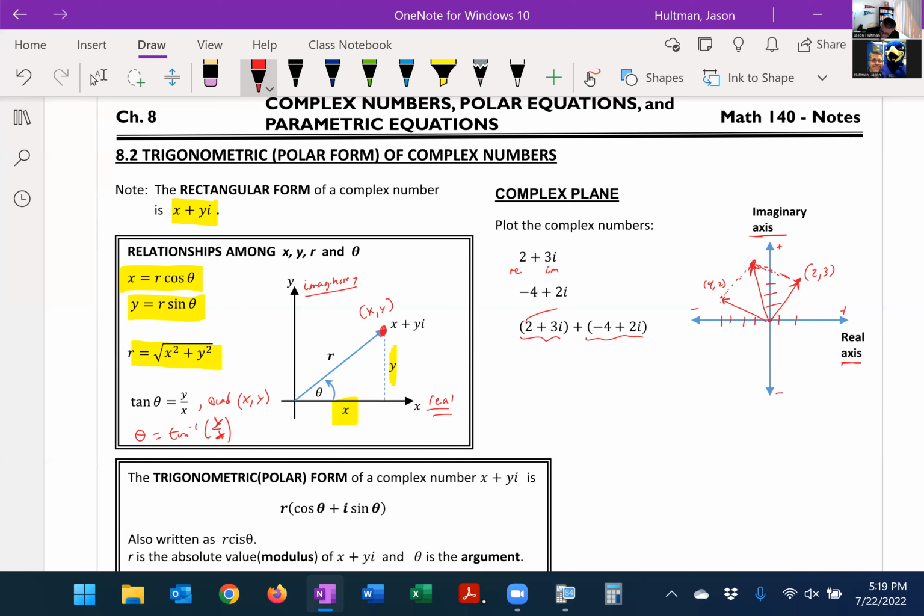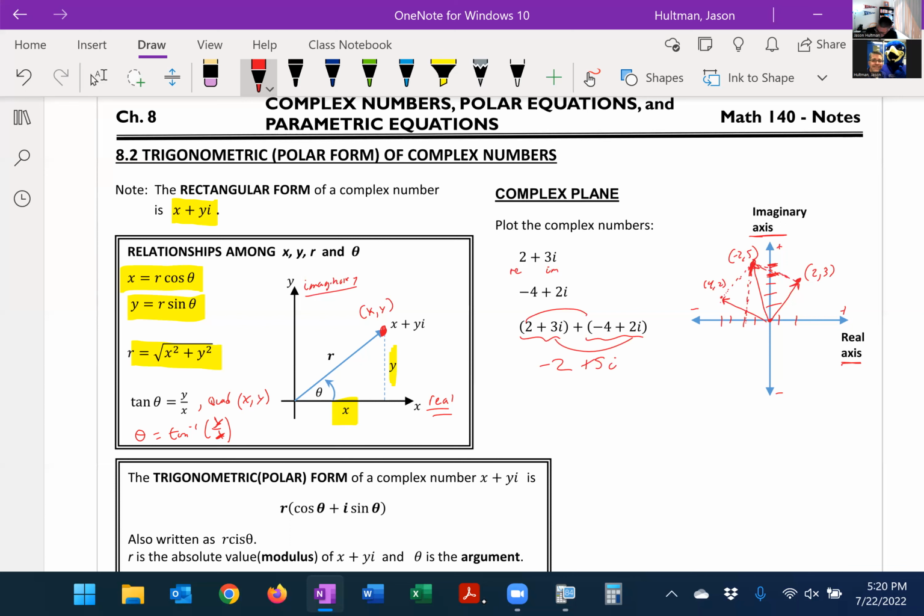Let's add the real components together and add the imaginary components together. So 2 plus negative 4, that's negative 2, and 3 and 2, that's 5. So this is negative 2 plus 5i. So this is going to be negative 2, and then 1, 2, 3, 4, 5, up 5. So this is negative 2, 5.